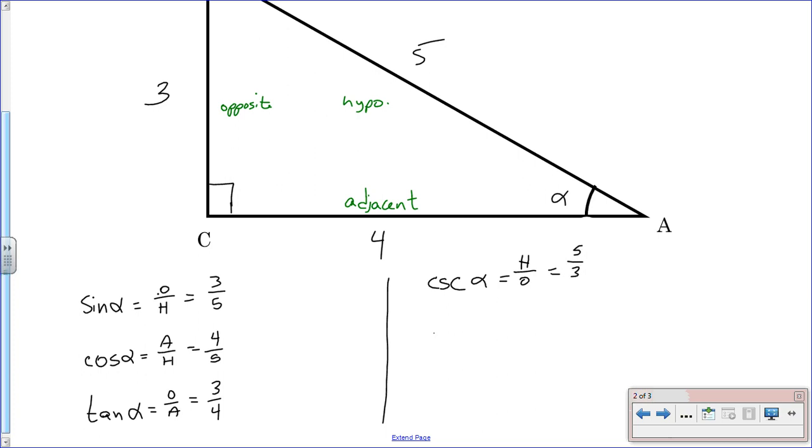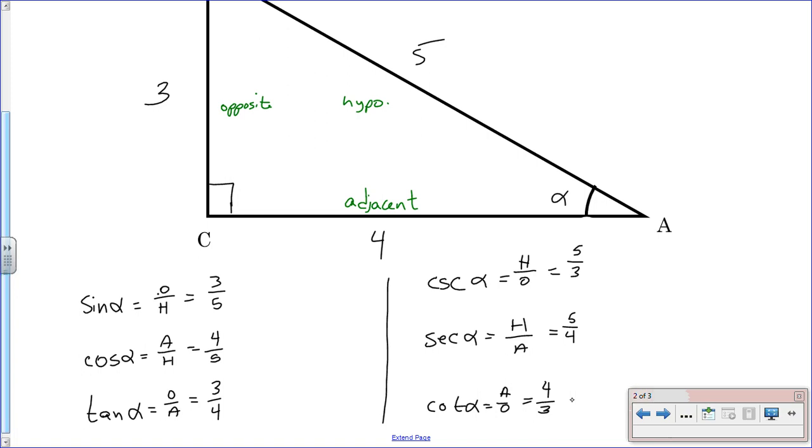Your secant of alpha is the reciprocal of cosine, so it's hypotenuse over adjacent, or 5/4. And then of course your cotangent of alpha is the reciprocal of tangent, so that's adjacent over opposite, which is 4/3.